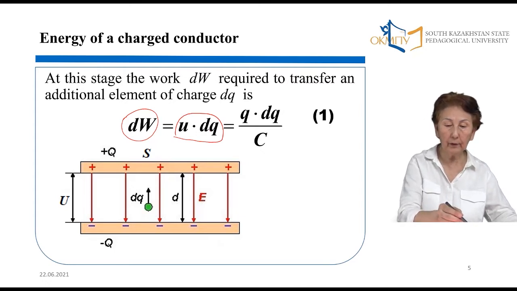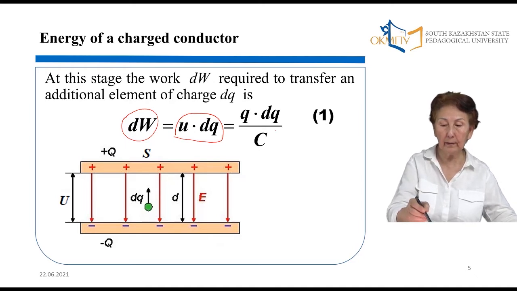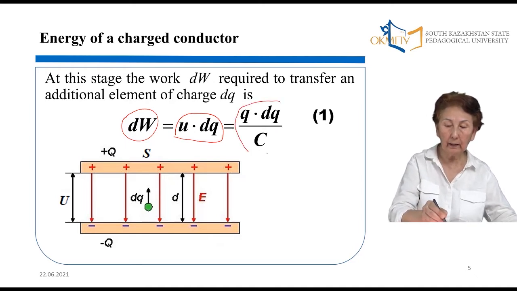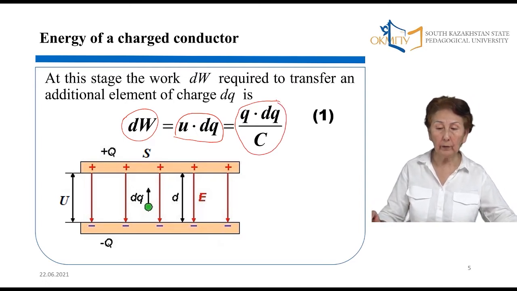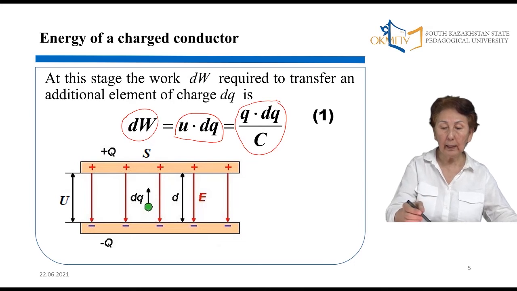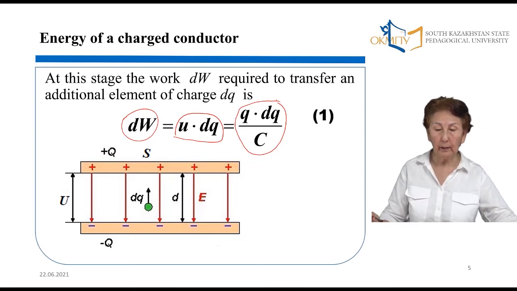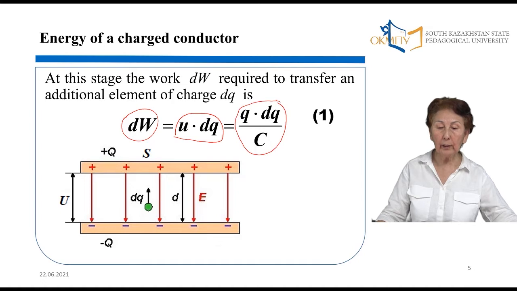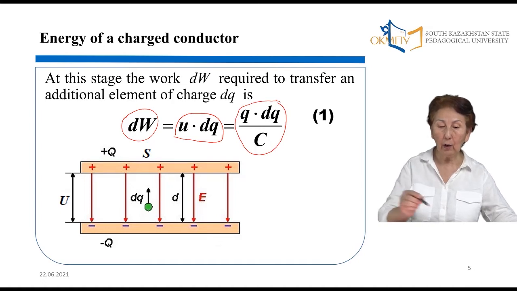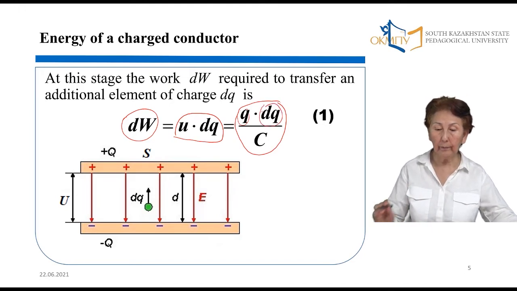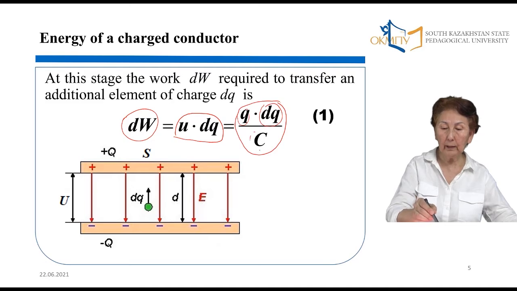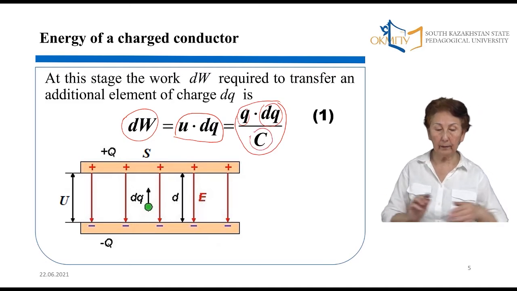So substitution of the voltage via charge and capacitance will give us the expression for the work required to transfer an element of charge, dQ. This work is equal to the ratio of the product of the charge Q and dQ to the capacitance of the capacitor.